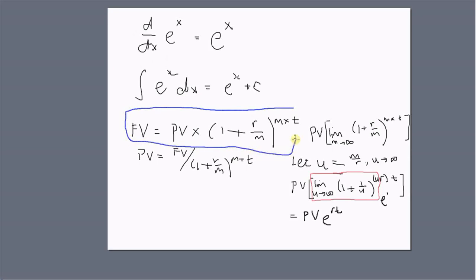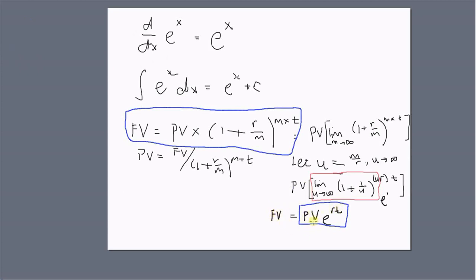And if you go up to very frequent compounding, the continuous compounding, we should use this formula: PV times e to the power of rt. So this is the future value.